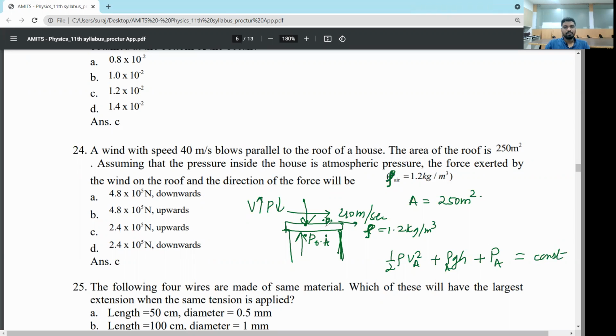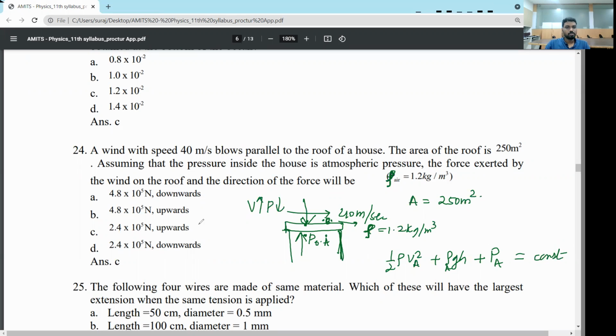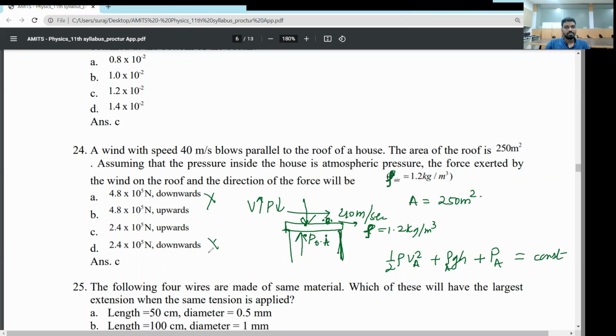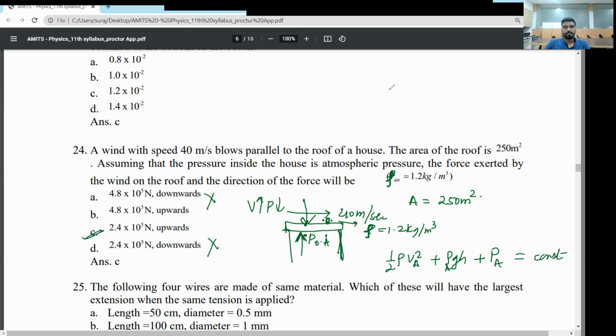Apply it at A and B, and you will get the difference in pressure. Difference in pressure times the area will give you force. Obviously, force will be upwards, because the pressure below is greater than the pressure above. So net force will be upwards. Option B will be correct.